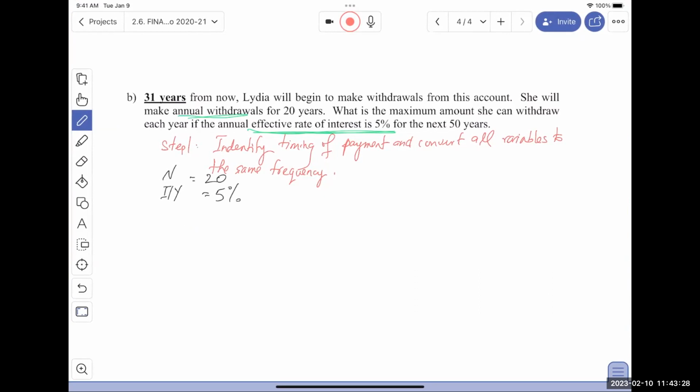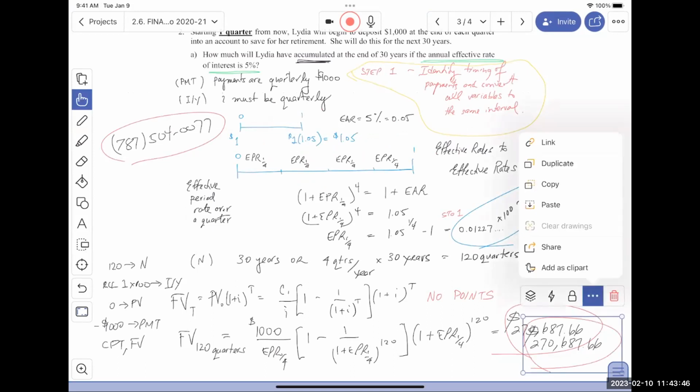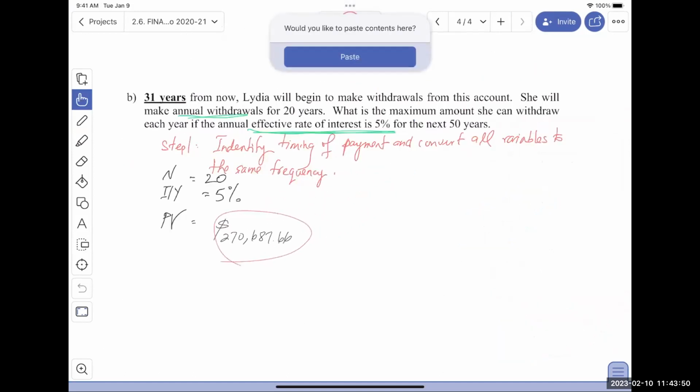And then the PV, what's the PV for this? How much is in the fund? How much can she withdraw? This amount here, 170. We already figured that out, right? From the problem.